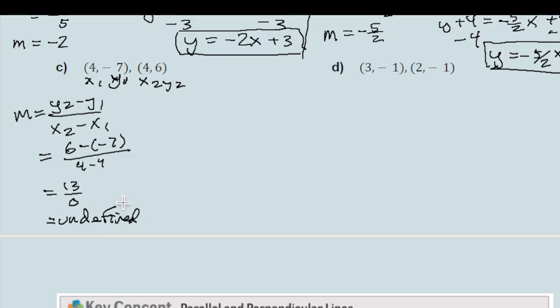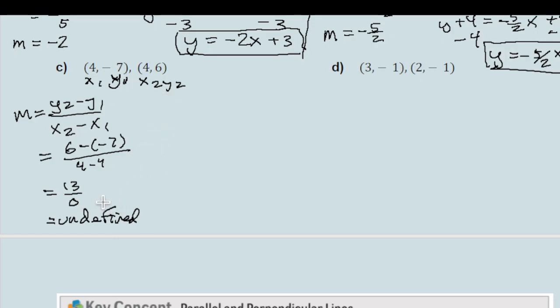And now when we have an undefined slope, what that means is there's no number there. But it also means it's a straight up and down line, right? I'm trying to come up with a way to explain this and kind of struggling with it.